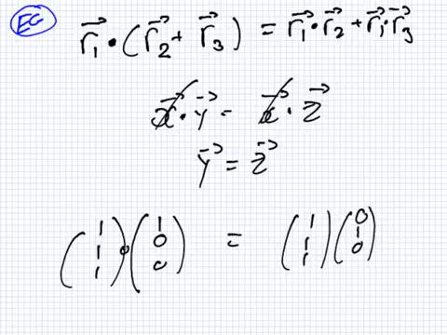So what's this when you dot them together? What do you get? 1, 1, 0, 1. And when you dot these together? 1. But if I cancel these, is this true? No. So you don't know that vectors could multiply like that. That's my point.